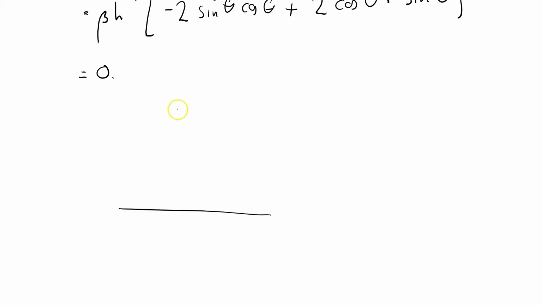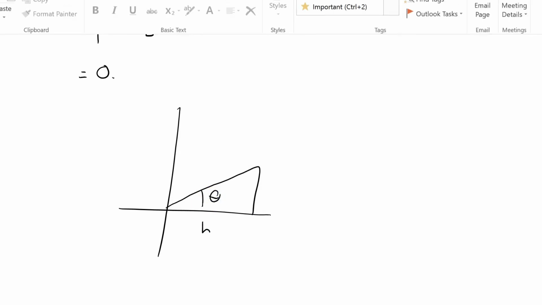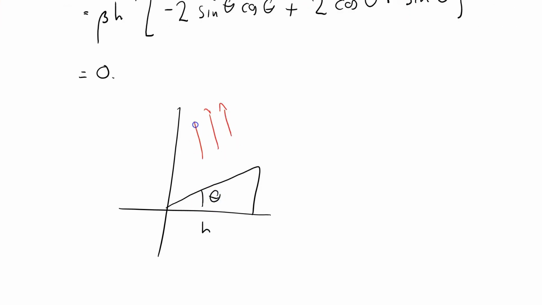What I had was, in my peculiar h θ coordinates, a vector field which was constant because it had constant components in Cartesian coordinates. There it is, alpha and beta.